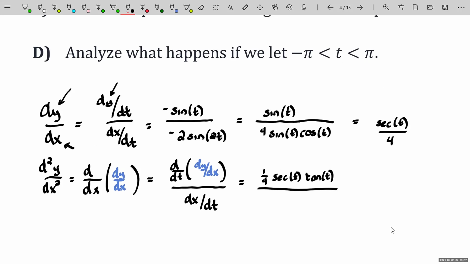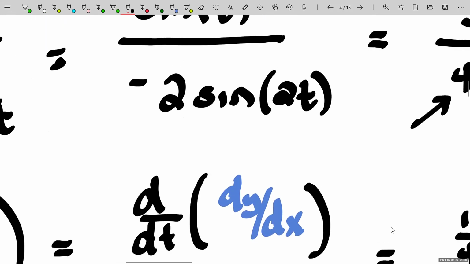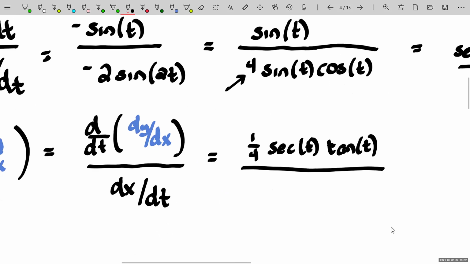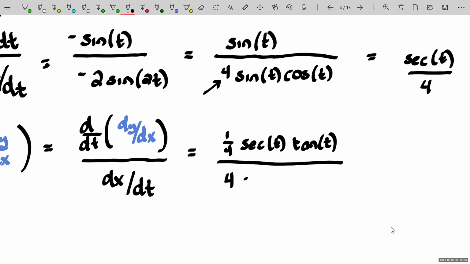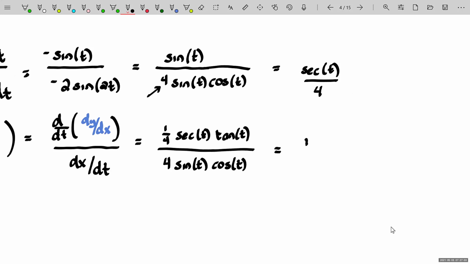We know dx/dt is actually just going to turn into 4 times the sine of t times the cosine of t. That is because, again, the derivative of x is actually a -2 sine of 2t. And we know that that's going to simplify down because we've already done it to a 4 sine of t cosine of t. Now cleaning this up, that'll be a 1/16. I'll at least do that piece.